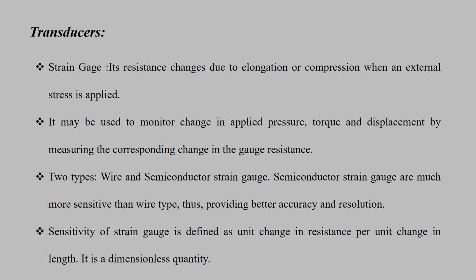It may be used to measure changes in all these parameters by measuring the corresponding change in the gauge resistance. These are of two types, wire type and semiconductor type. But the semiconductor strain gauges are much more sensitive than wire type and they provide better accuracy and resolution.